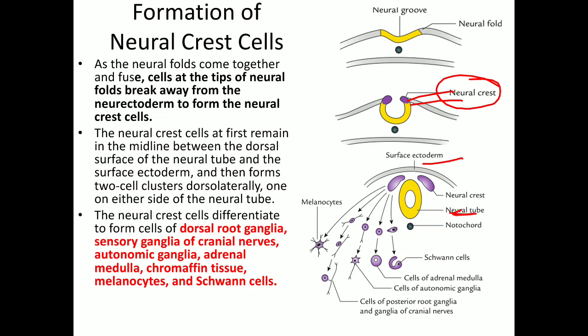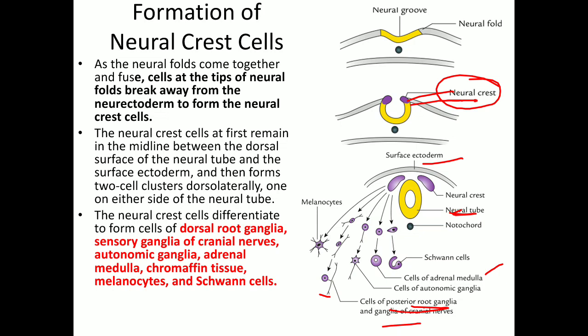These neural crest cells will give rise to dorsal root ganglia, sensory ganglia of the cranial nerves, autonomic ganglia, the adrenal medulla, chromaffin tissue, melanocytes, and Schwann cells. So all these structures develop from the neural crest cells, which are present at the tip of the neural fold.